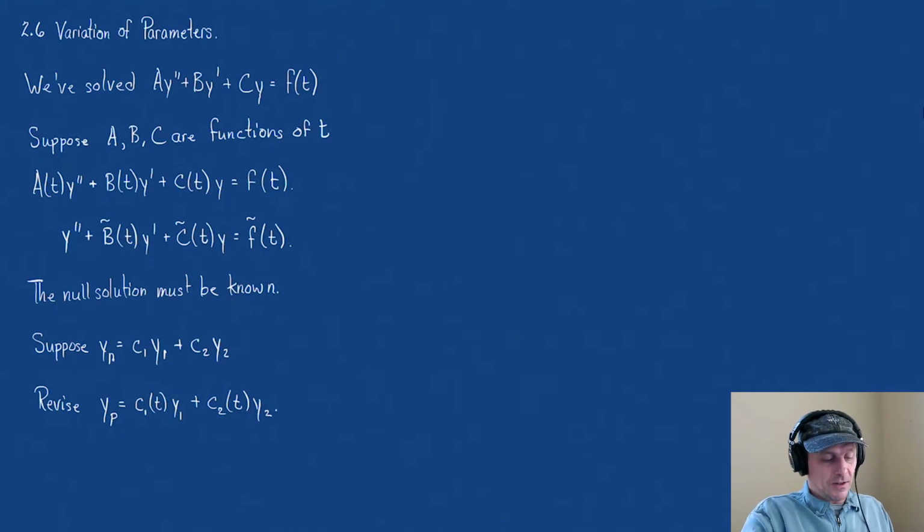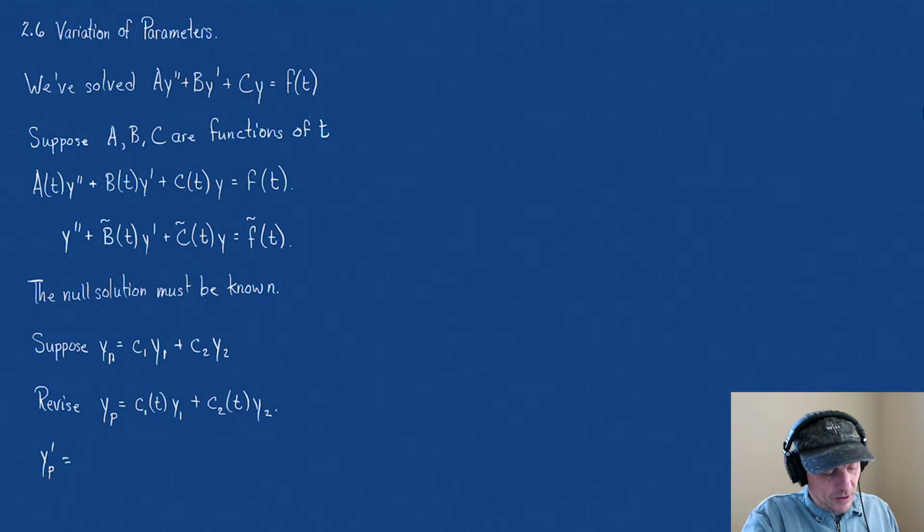So let's do that. Let's solve this, and it proceeds in probably a very expected way, but we take a few unique turns along the route. So let's start by finding y particular prime.